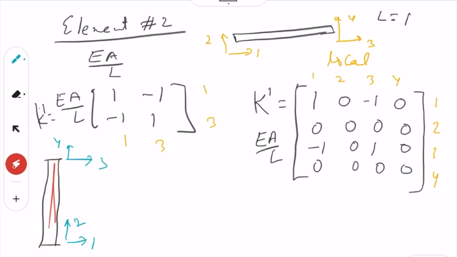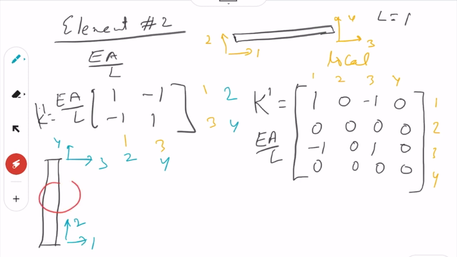Earlier we had 1 and 3 along the x axis, but now 2 and 4 are along the x axis. Hence instead of 1 we have 2 in the new system, and here we have 4, hence 2 4 like this.